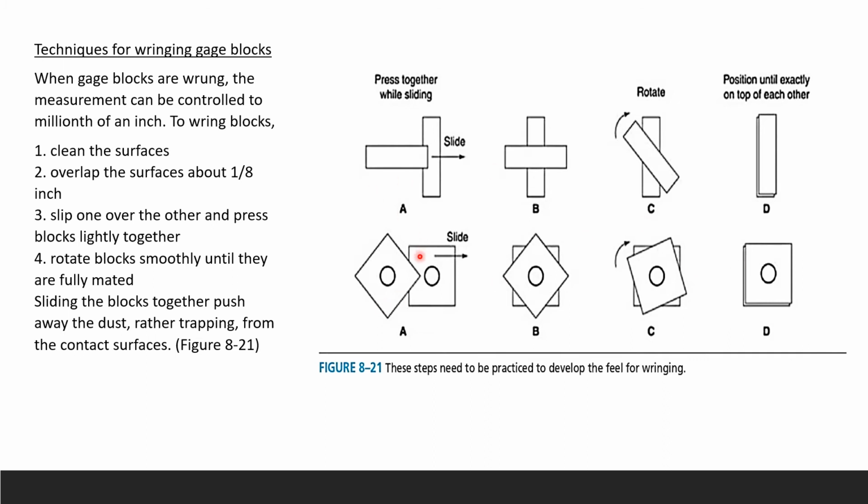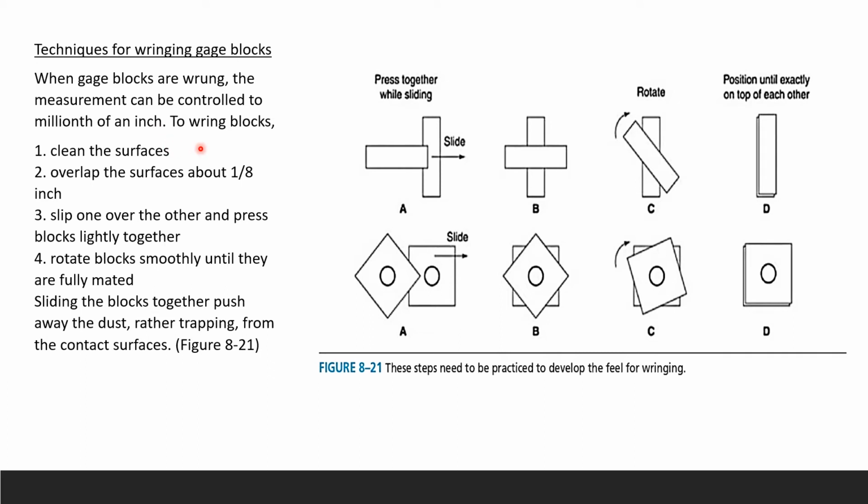So if you take a look at it in 2D, you're going to see here: slide, turn or rotate, and then position on top of each other. So these are the steps that need to be practiced to develop the feel for ringing. So when gauge blocks are wrung, the measurement can be controlled to millionths of an inch.